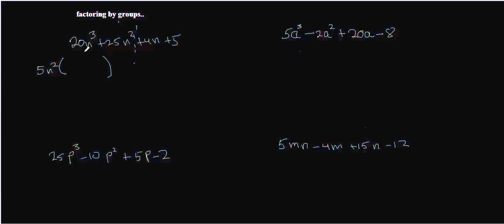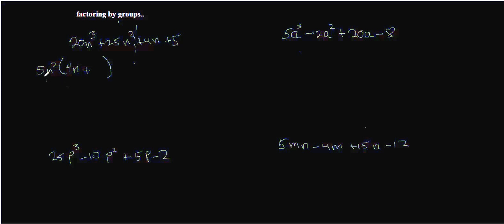If I factor that from both, that leaves me with 5 times 4 gives me a 20, so there should be a 4 here. And then the n squared times another n would give me an n cubed, so I need an n there.